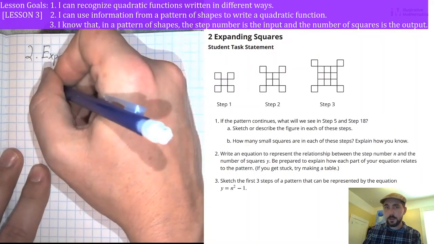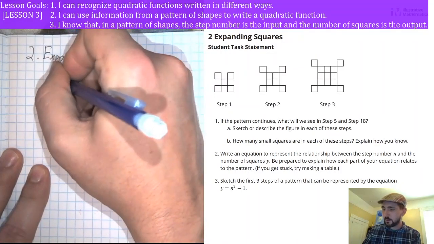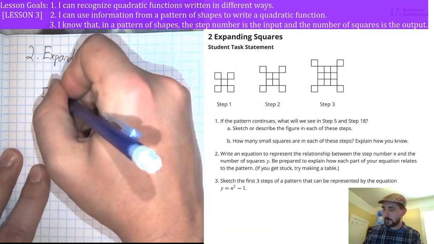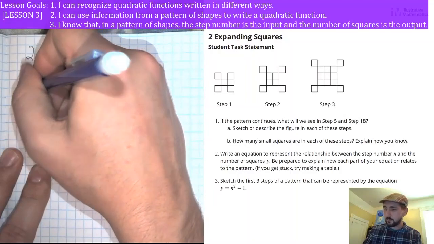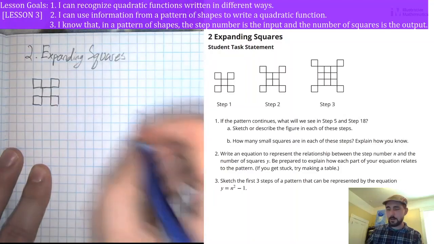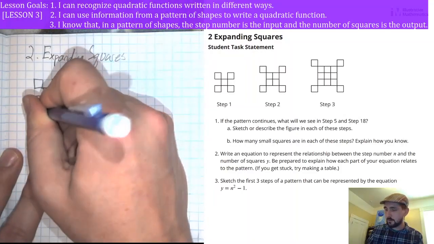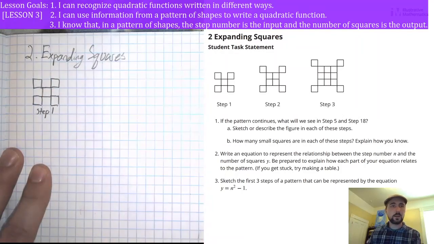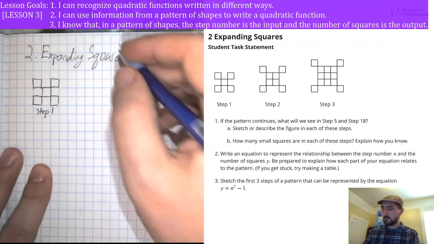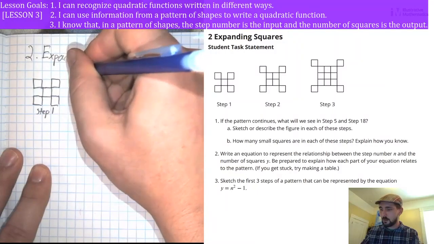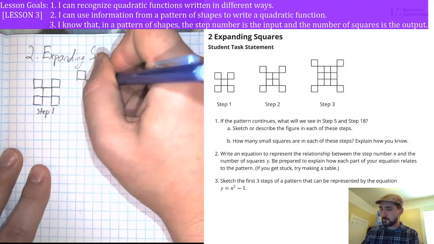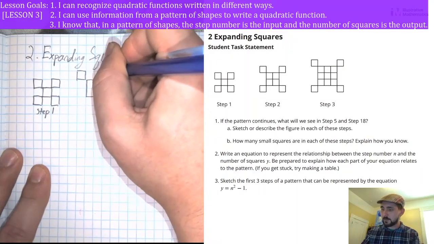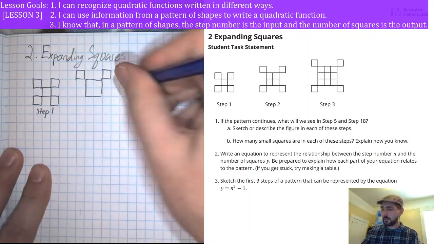Step 1. It's got this flowery looking thing. And I've got this nice grid paper, but I'm honestly not that concerned about making it look all that neat. Maybe I should be. Okay, step 2 kind of almost has this pixel Mickey Mouse thing going on.